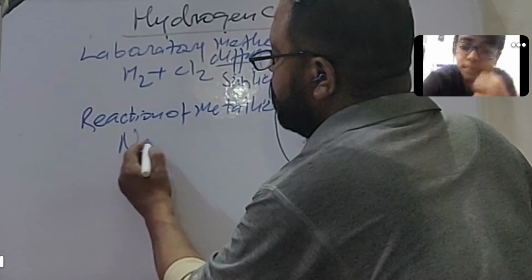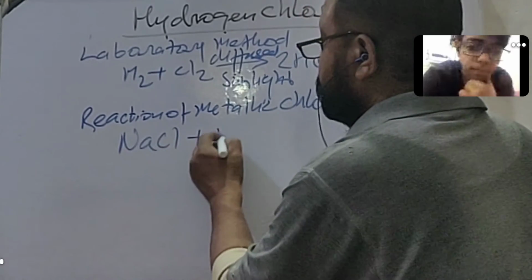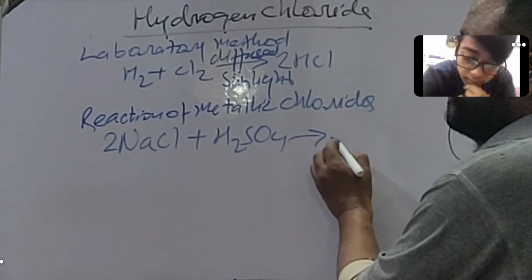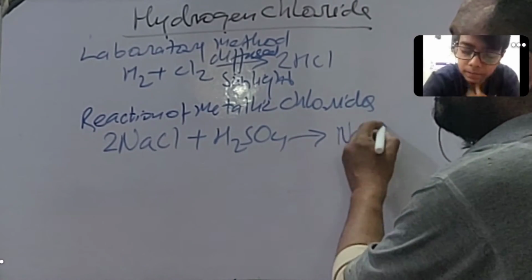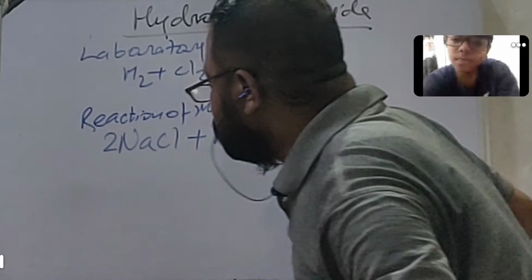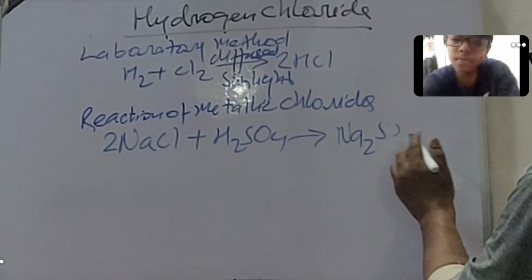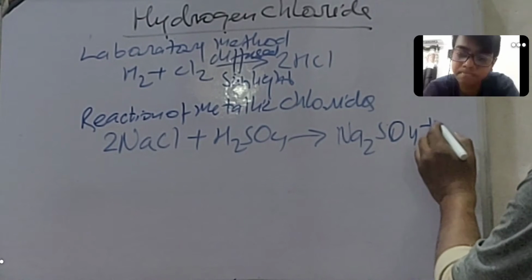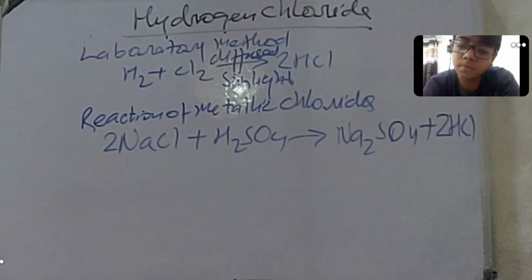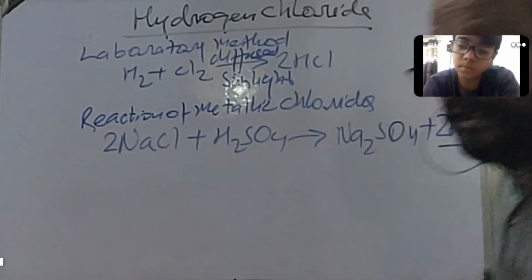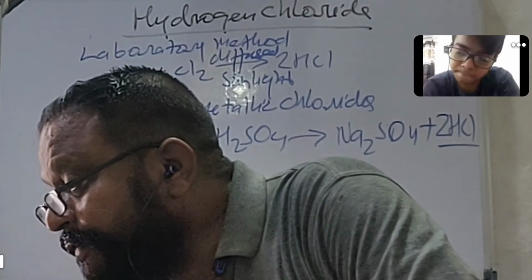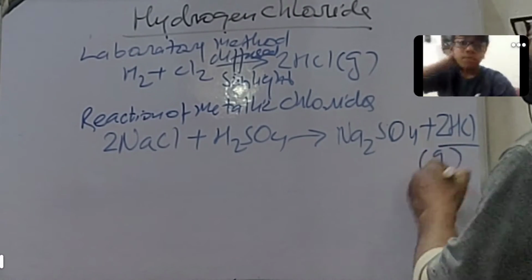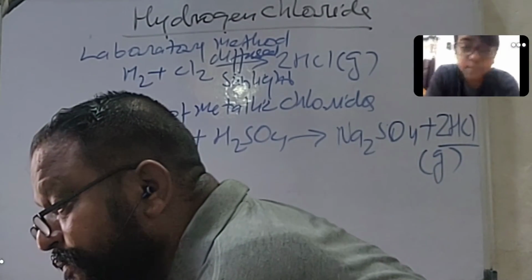Metallic chloride is NaCl plus H2SO4, it becomes Na2SO4 plus 2HCl. Getting? This is how we get hydrochloric acid, and this we have as a gas.